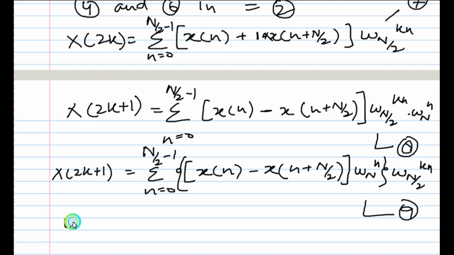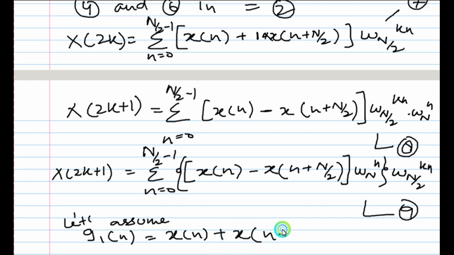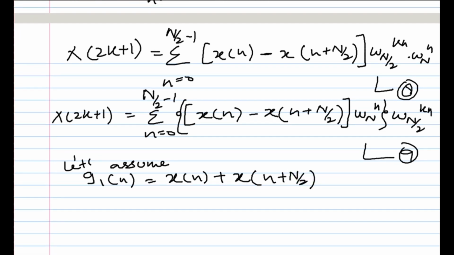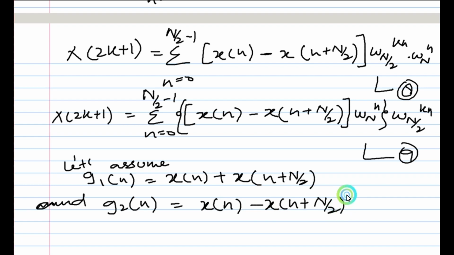So in this case, let me do some substitutions. Let's assume g1 of n is equivalent to x of n plus x of n plus n by 2, and g2 of n is equivalent to x of n minus x of n plus n by 2, whole multiplied by W n.